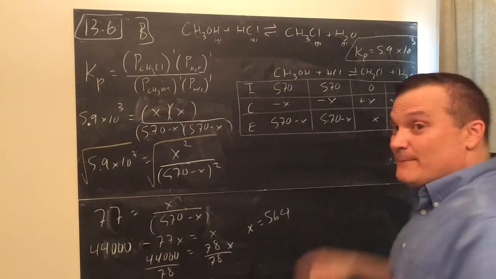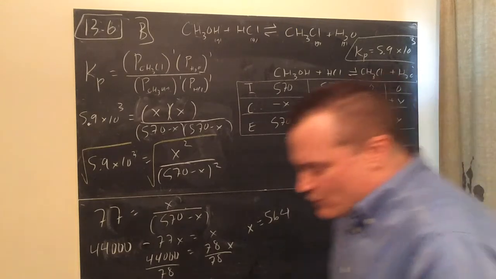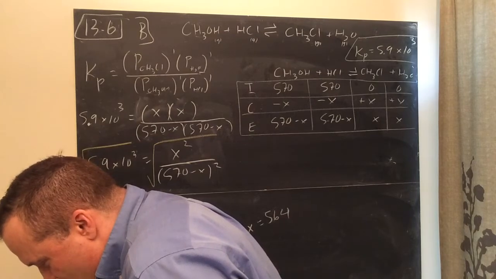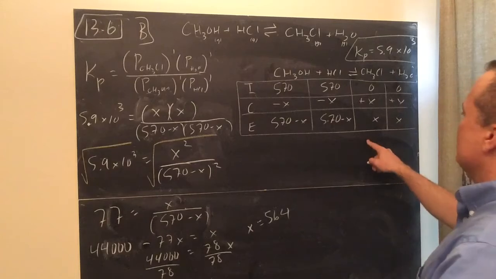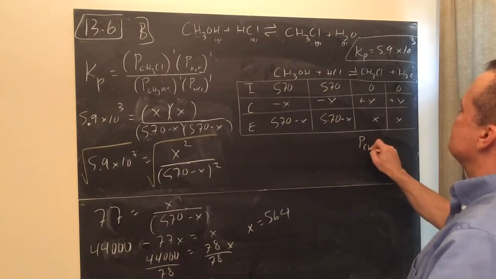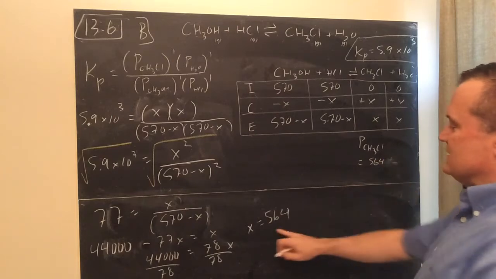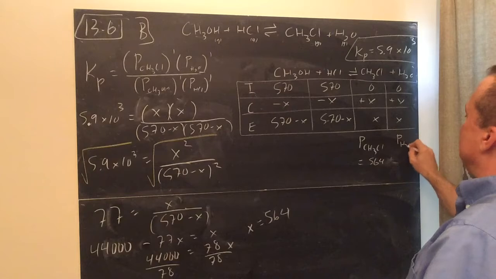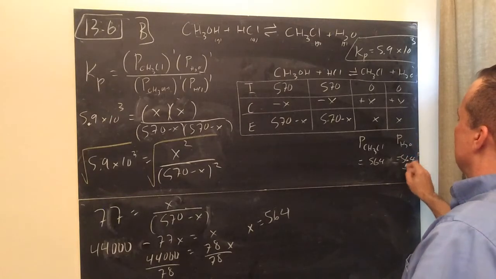Now what that tells us is, at equilibrium, how bizarre this is, but the question was, calculate the equilibrium pressure of all products and reactants. So the pressure of CH3Cl equals 564 because it equals x. The pressure of H2O, and some people like to put the answer right below this, equals 564 torr.